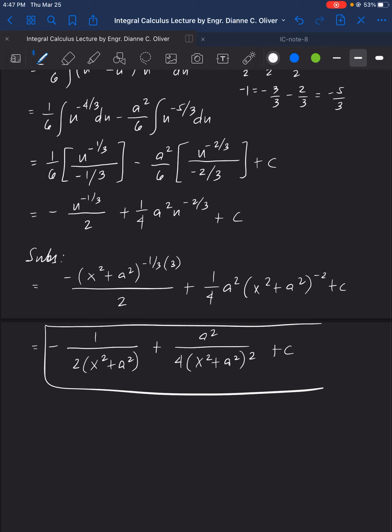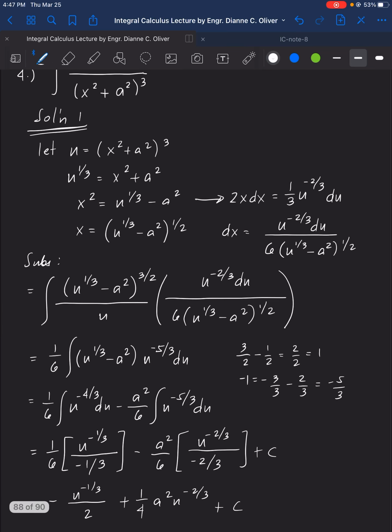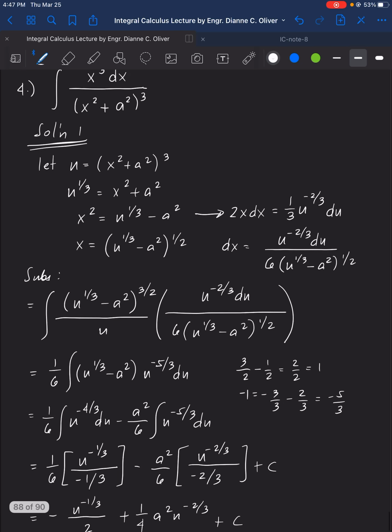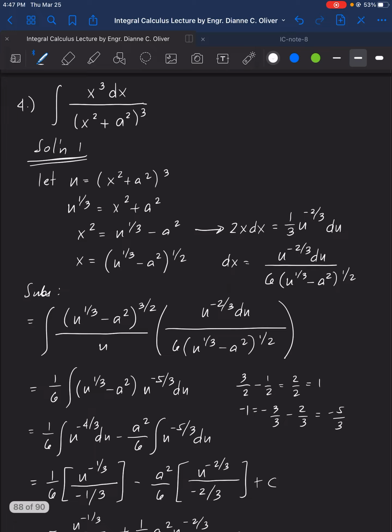That is for this first solution. And it's kind of complicated because of the presence of the fractional exponent. That's the first solution.